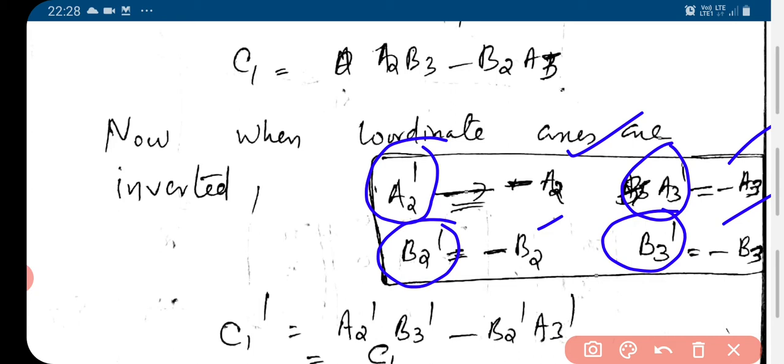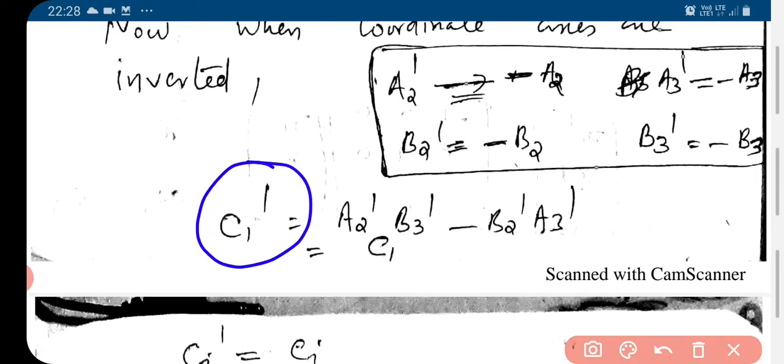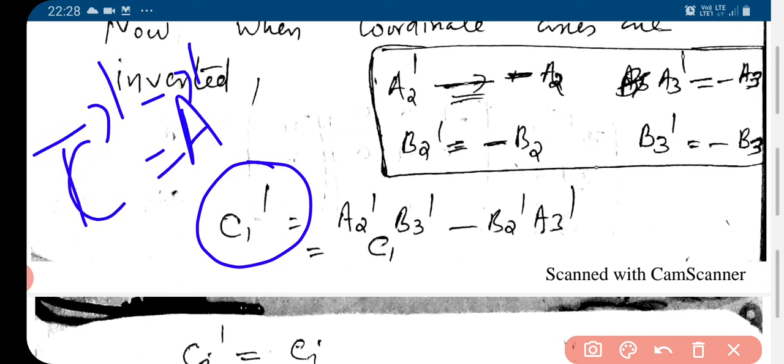So as we take C1 prime in the new coordinate system, we know C prime is A prime cross B prime.